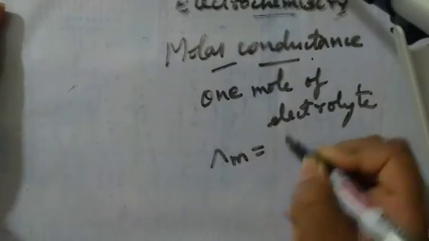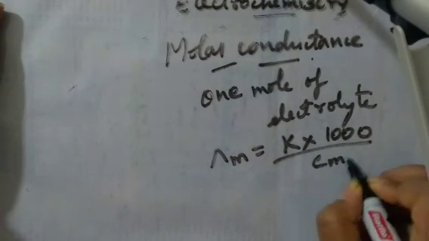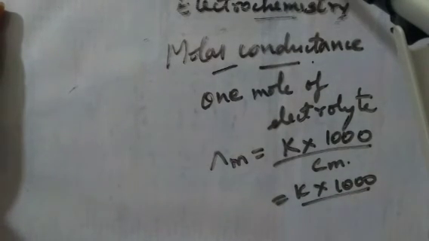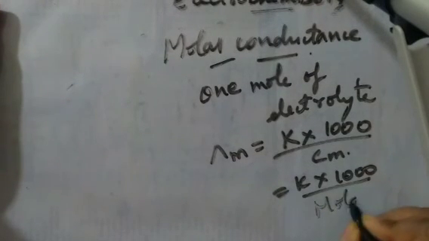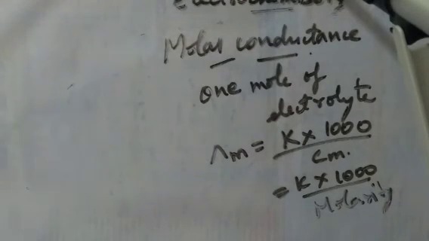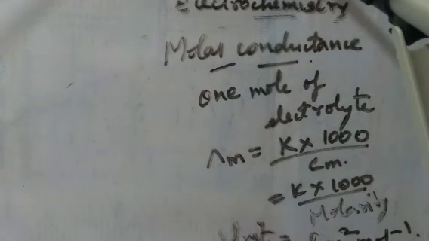Here we consider 1 mole of electrolyte, and it is given by the formula lambda m is equal to K into 1000 by Cm. We can write K into 1000 by molarity. The unit is Siemens meter square per mole.